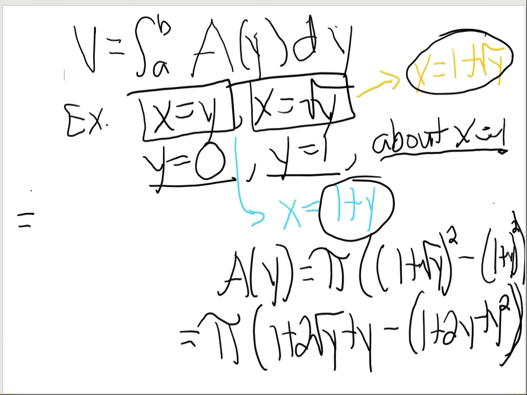That's going to be equal to what? Pi times, the ones cancel out. You'll get a 2 square root of y, and then minus y, and then minus y squared.